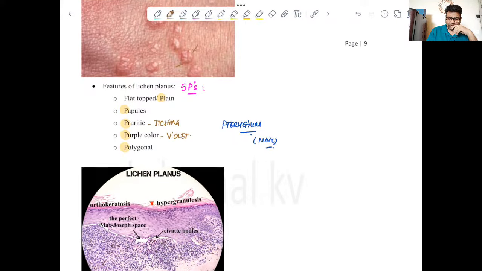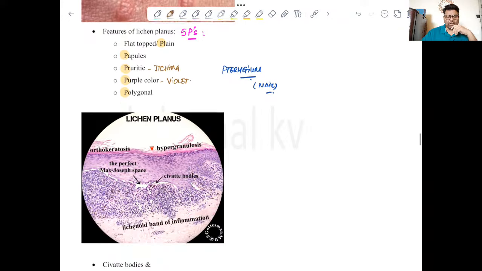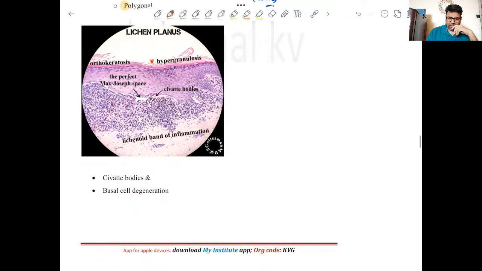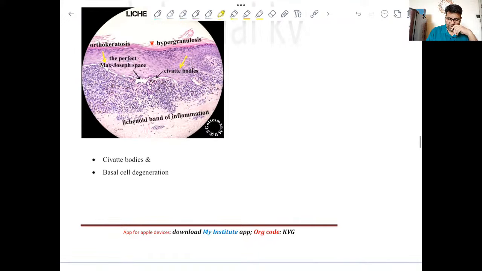So flat topped. Now what we will see in microscopy, there are a couple of points which you need to remember. One is civatte bodies, right? So just remember the terms. One is civatte bodies and second is Max Joseph space. So just remember these two terms, right? And there is degeneration of the basal layer, right?